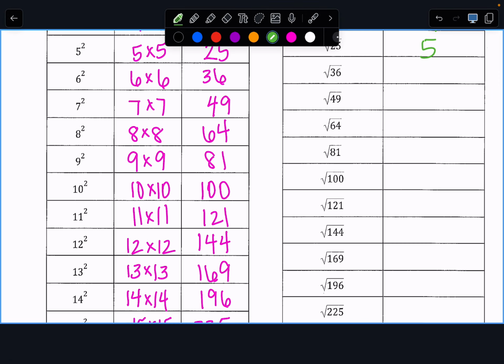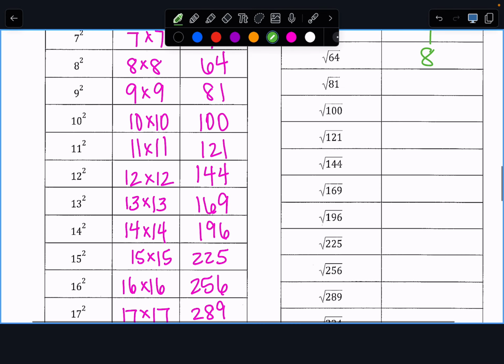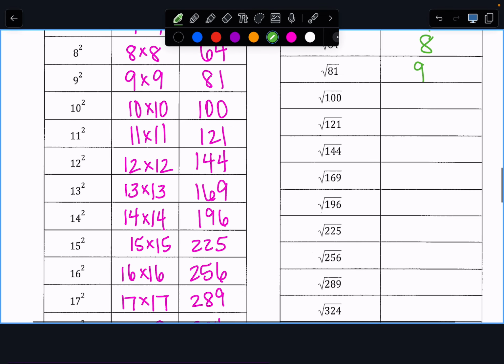What's the square root of 36? 6. What's the square root of 49? What's the square root of 64? 8. The square root of 81 is 9. The square root of 100 is 10.